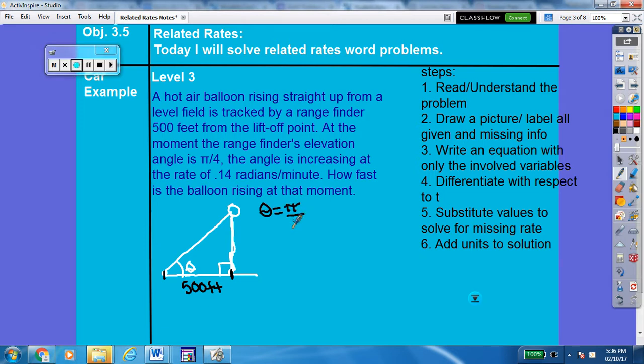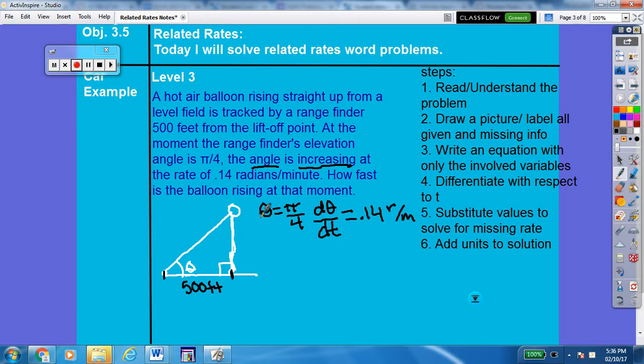That's usually what we use for angles, so that's why I'm using theta right now. At that moment, the angle is increasing. Angle increasing, that's a rate, at a rate of 0.14 radians per minute. So if theta is the angle, then the rate of change of theta is d theta dt, which is 0.14 radians per minute.